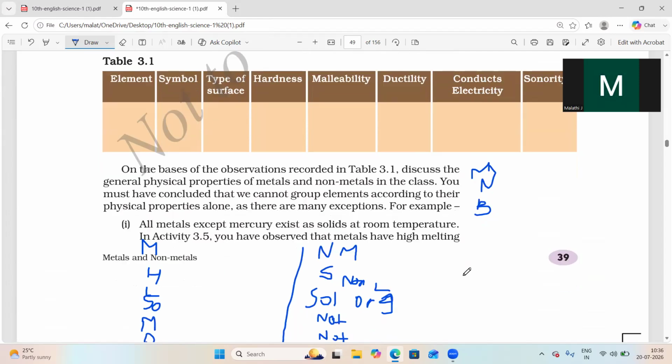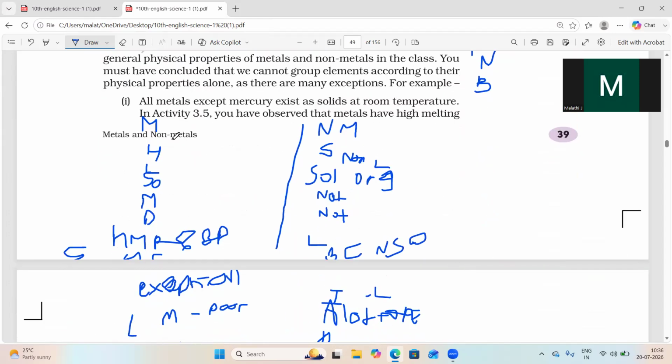So what are the physical properties of metals and non-metals? If they ask the differences, what should you write? Metals are hard; non-metals are soft. Metals are lustrous, meaning they have a shiny surface; non-metals are not lustrous.